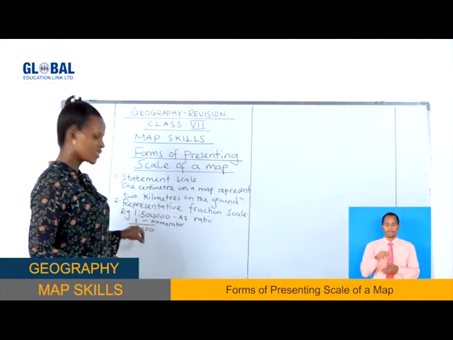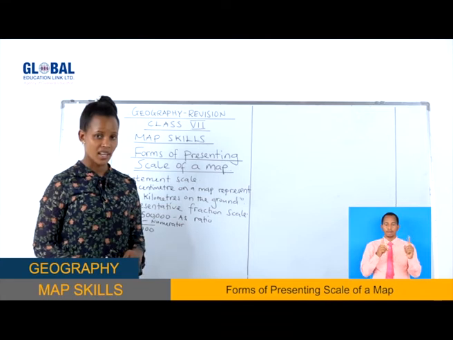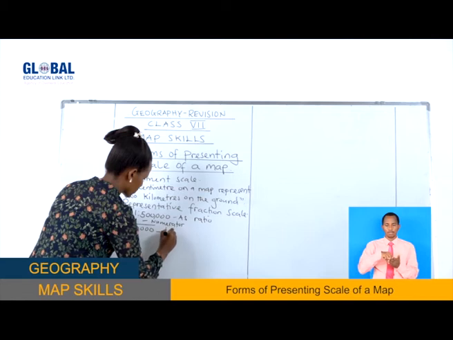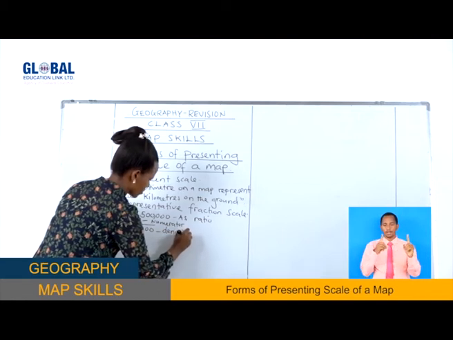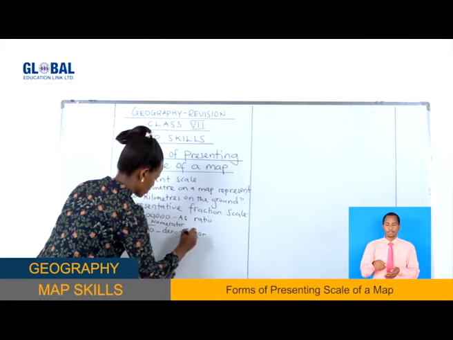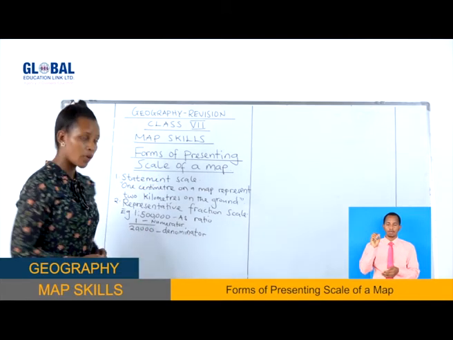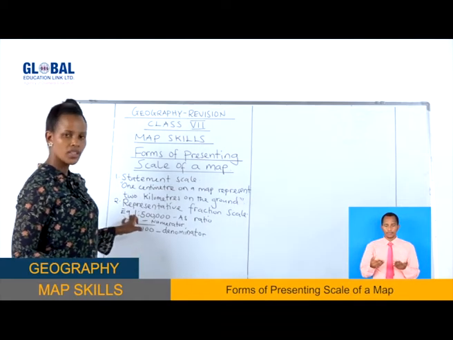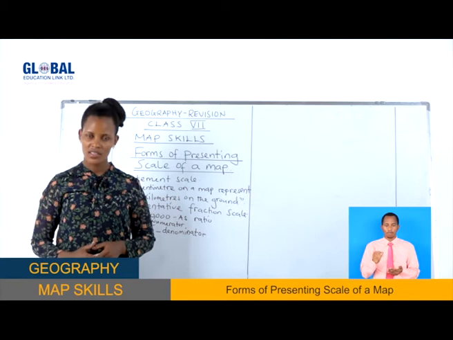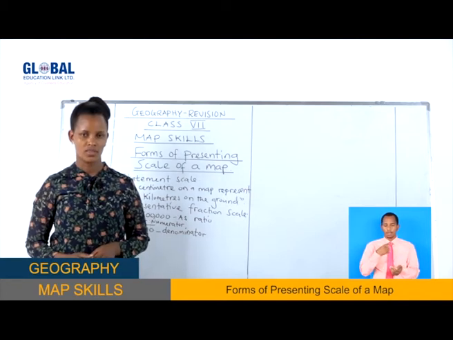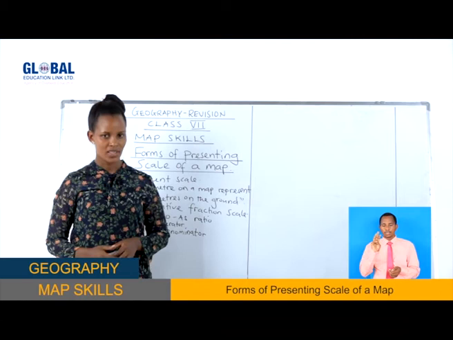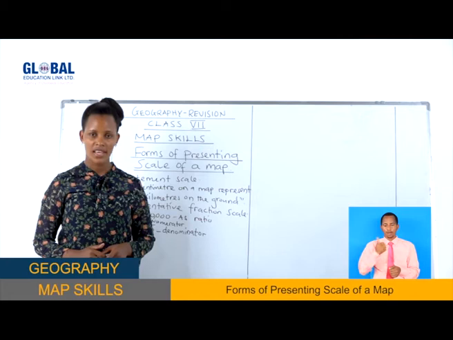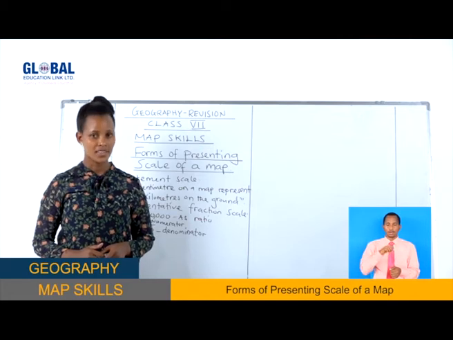The 20,000, which is the denominator, stands for ground distance. Now the RF scale reads 1 unit on a map represents 20,000 units on the actual ground distance. So the metric unit of the length in RF scale should be in centimeters.